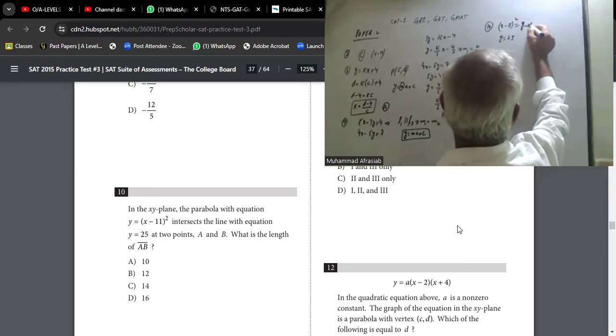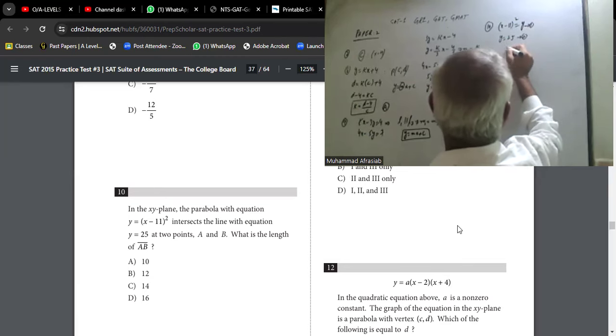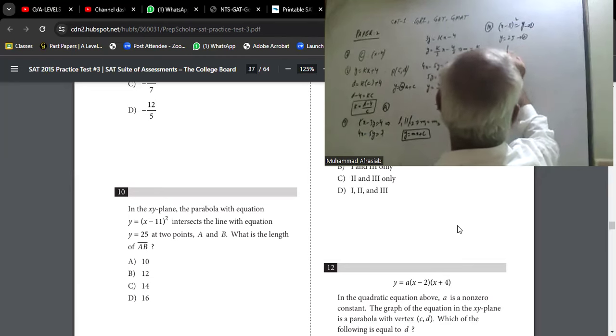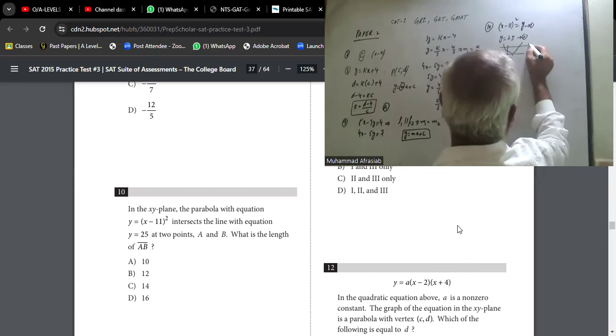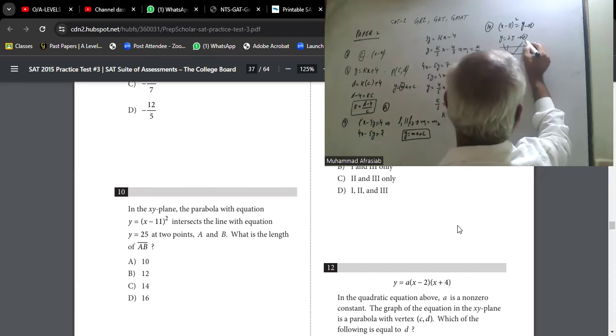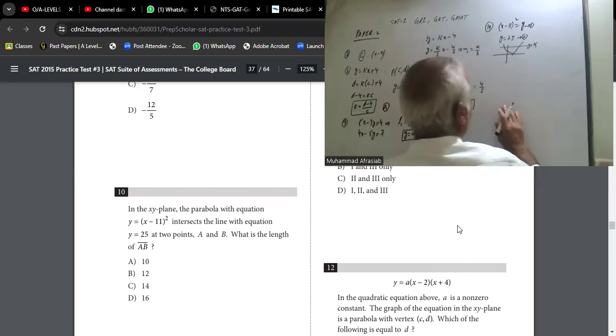Since these two equations are both equal to y there, we know from this graph, this is y is equal to 25 and this is the graph of y is equal to x minus 11 whole square.